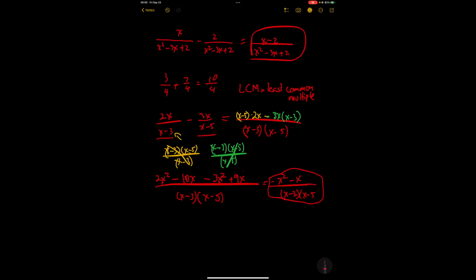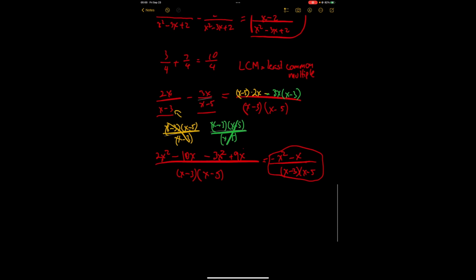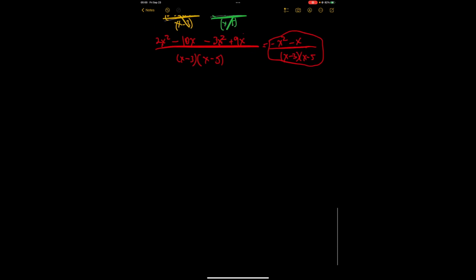All right. Now let's do the third one. That's going to be a little bit harder, and that's going to be our last one. I don't know how hard it's going to be, but it might be very long.